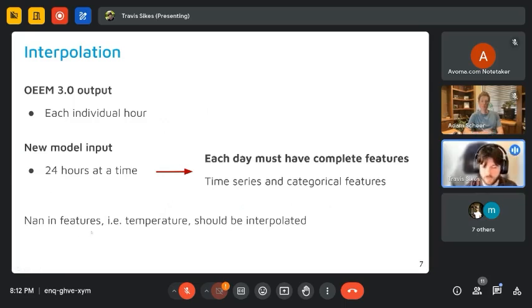And when I'm talking about time series features, the first one that comes to mind is temperature, second is observed. Basically, we cannot have any missing data in that time period for fitting the model, which means if we do have missing data, it needs to be interpolated so that we have a reasonable guess during that time period.